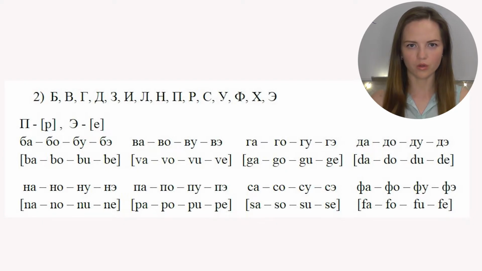Ba, bo, bu, be, va, vo, vu, ve, ga, go, gu, ge, да, до, ду, де, на, но, ну, не, па, по, пу, пе, са, со, су, се, фа, фо, фу, фе.